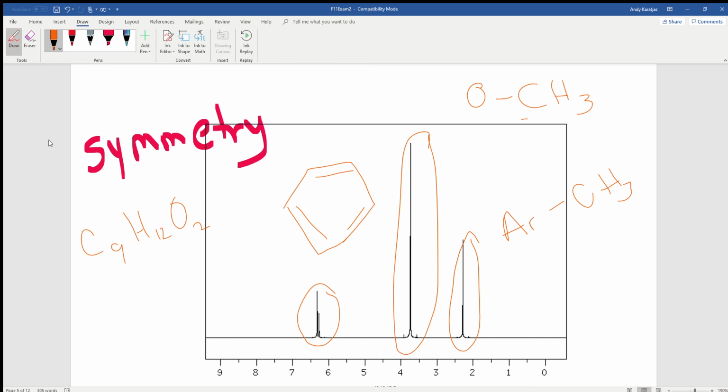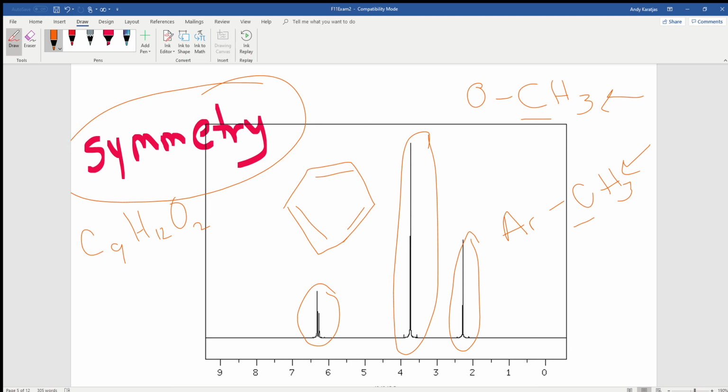We have a 7th carbon from the OCH3 and an 8th carbon from the aromatic CH3. So we're missing 1 carbon. And due to the fact that we've got all this symmetry based on the splitting patterns and the number of peaks, that would indicate to me that we likely need one of these groups repeated.